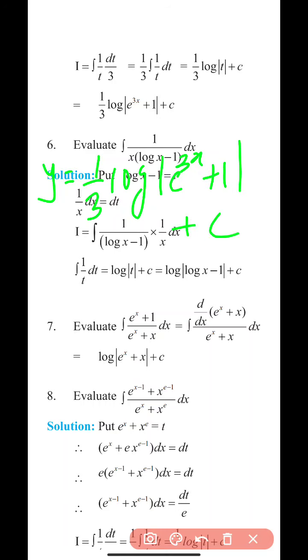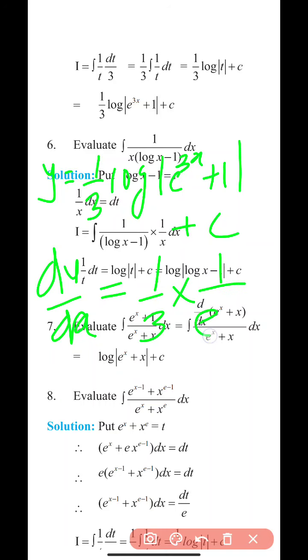plus c, and if we differentiate this with respect to x, which is dy by dx, so that will be equal to 1 by 3 into 1 by e raised to 3x plus 1 into e raised to 3x plus 0.